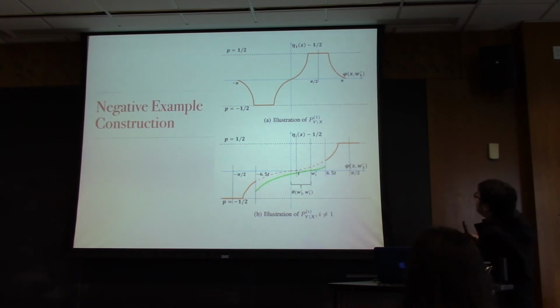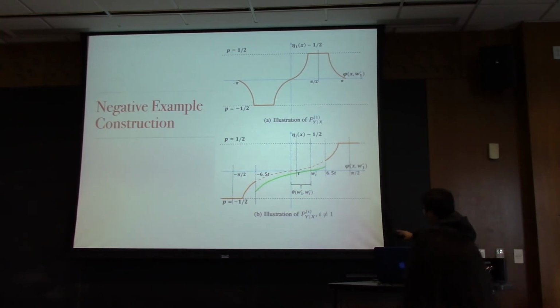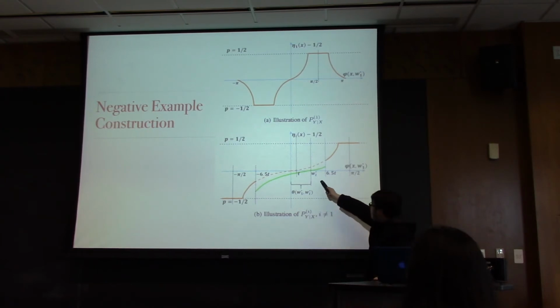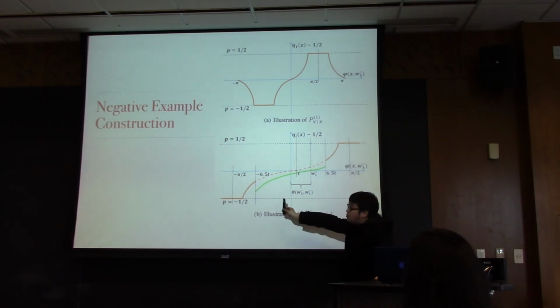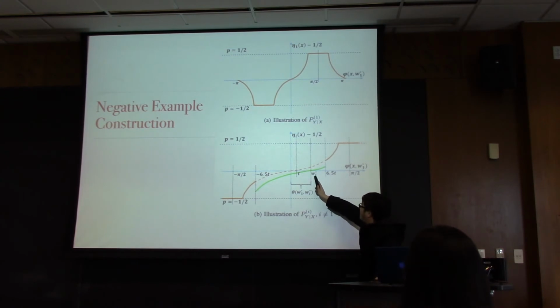In the lower figure, we consider an alternative hypothesis, which is Wi star. Here, the best classifier is Wi star. For everything that is left of Wi star, the error should be smaller than 1/2, and for everything that is above Wi star, the error should be above 1/2.